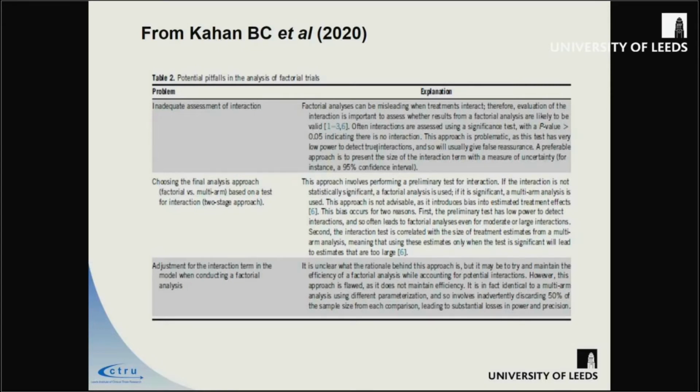He says that with adjustment for the interaction term in the model when conducting a factorial trial, it is unclear what the rationale would be behind this approach. He thinks that the reason why one might want to do this is because you maintain your efficiency, so your sample size and your power is contained, but it's basically saying that that as a suggestion is completely flawed.